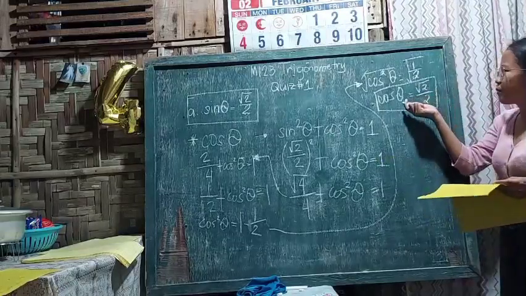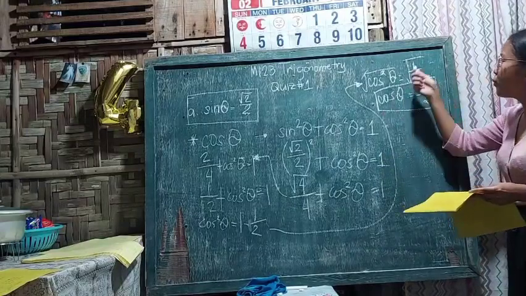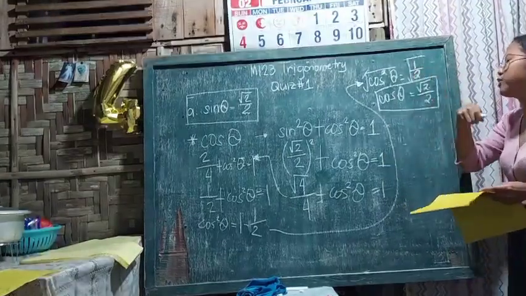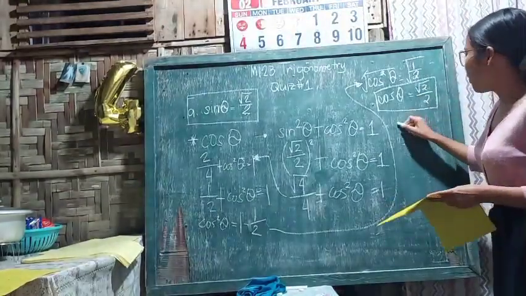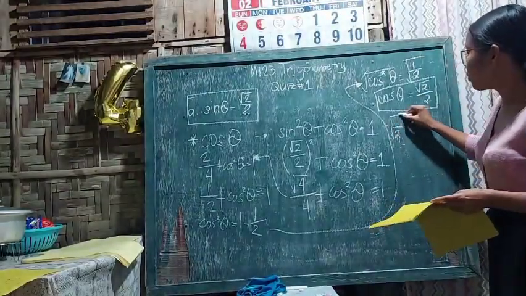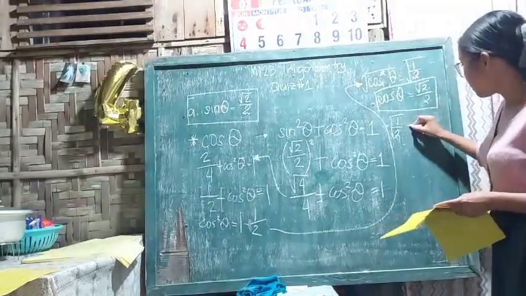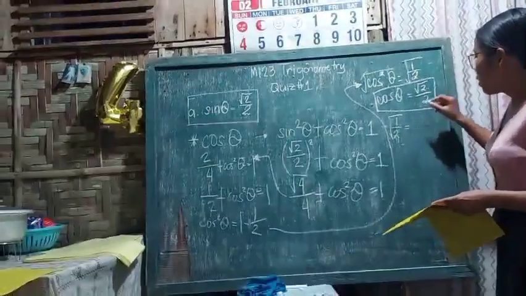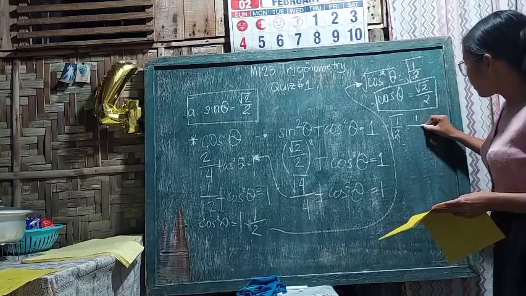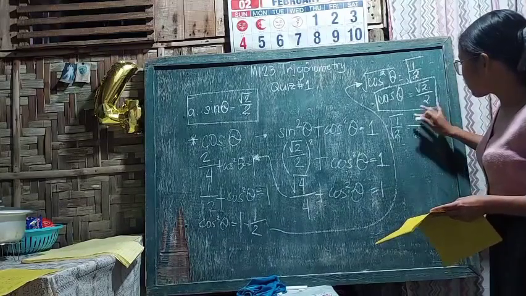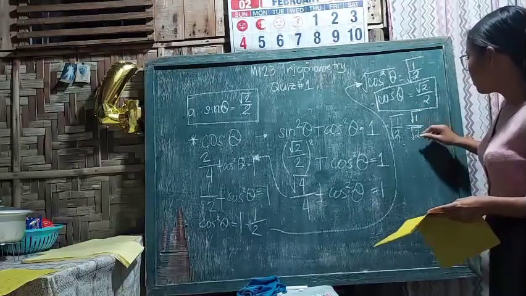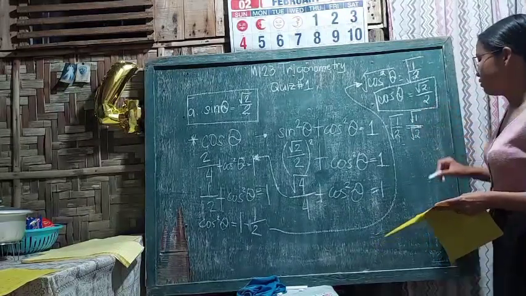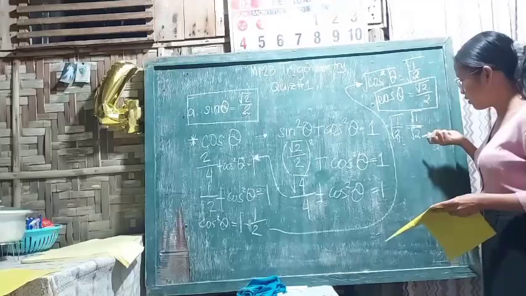So how did it become, how from square root of 1/2, it became square root of 2 over 2? From square root of 1/2, we are going to put the square root sign individually: square root of 1 over square root of 2.